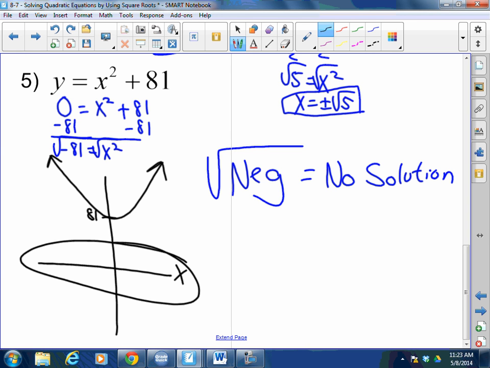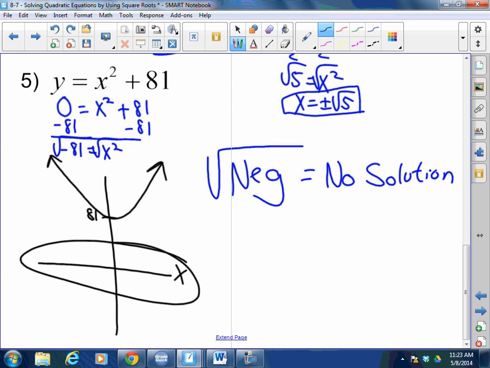Positive 9 times negative 9 does equal negative 81. But are positive 9 and negative 9 the same number? No. So that's not a square root. To get a square root, guys, it has to be the identical number times itself.